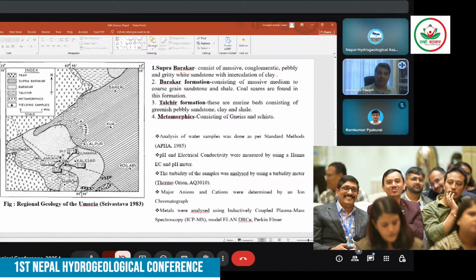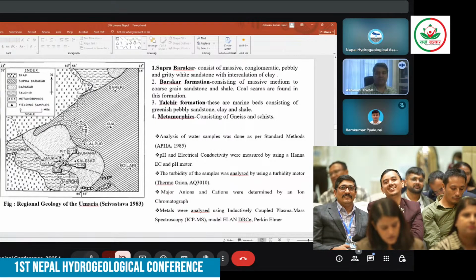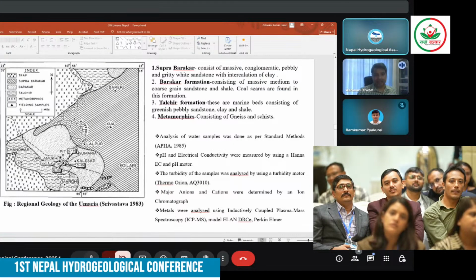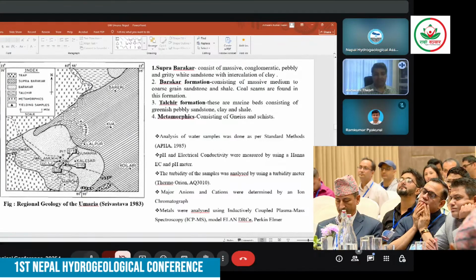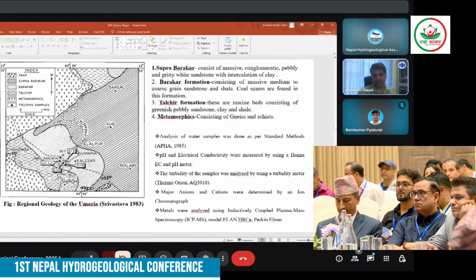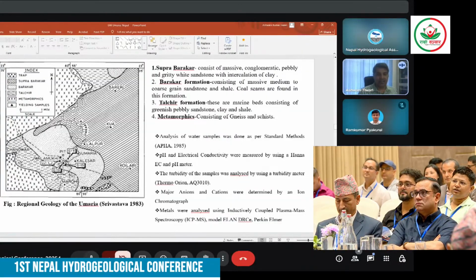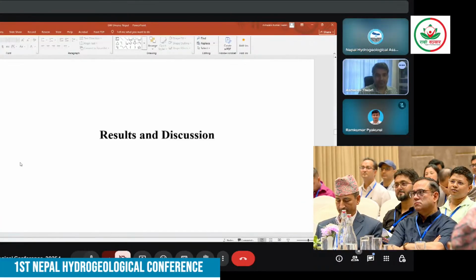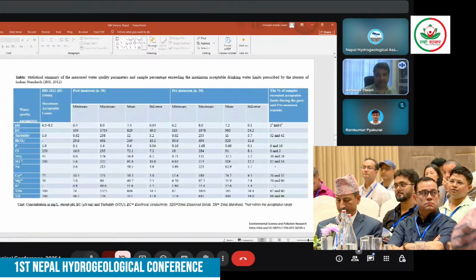The study area mostly belongs to the Barakar formation, which consists of medium to coarse grain sandstone, shale and coals. We analyzed pH and electrical conductivity in the field using a pH-EC meter, turbidity with a turbidity meter, major cations and anions with ion chromatography, and metals using ICP-MS. So, results and discussion.